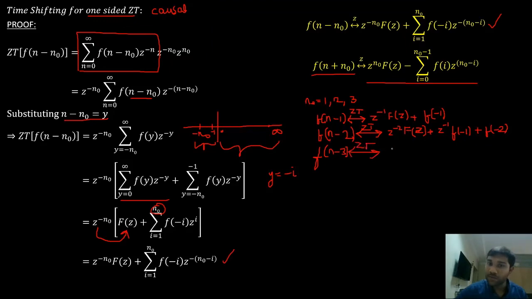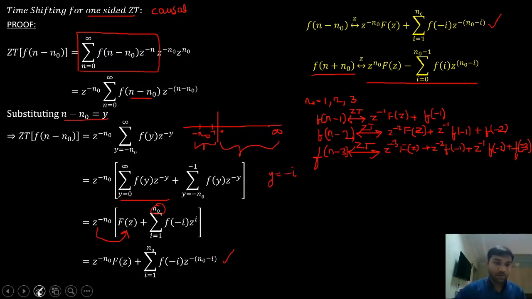The z transform is z to the power minus 3 f of z plus z to the power minus 2 f of minus 1 plus z to the power minus 1 f of minus 2 plus f of minus 3, right?